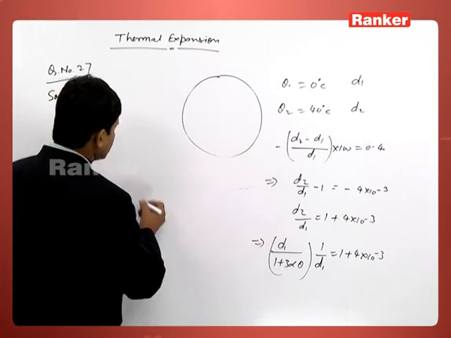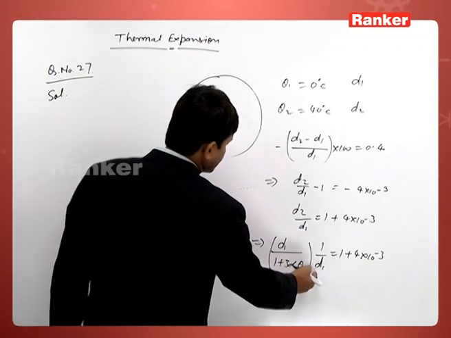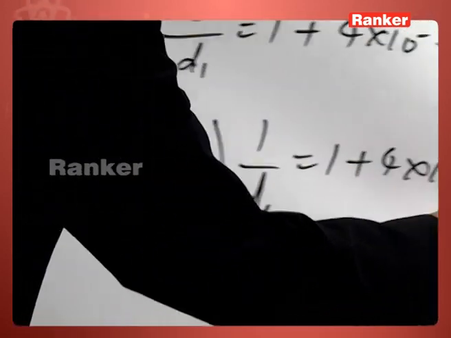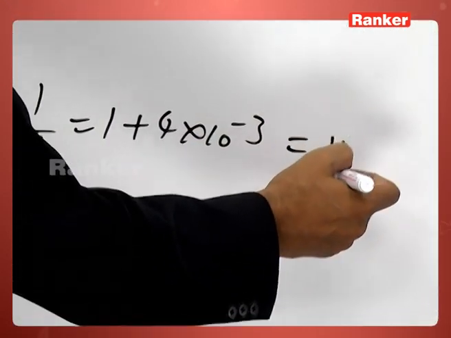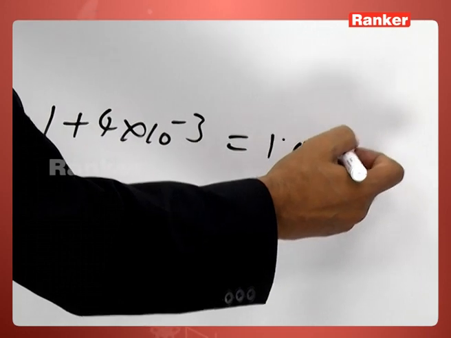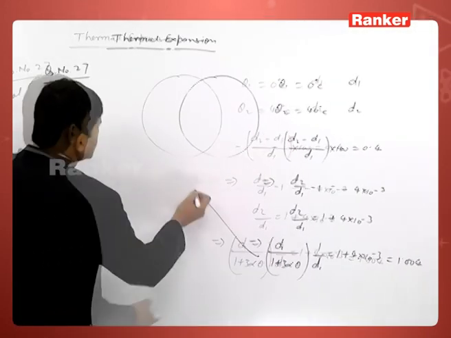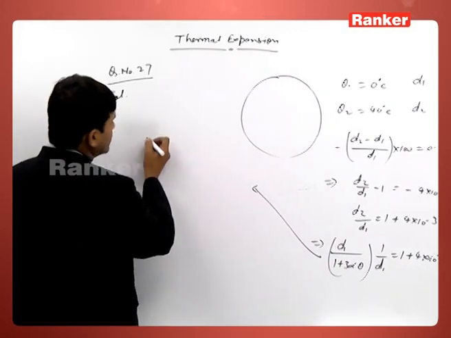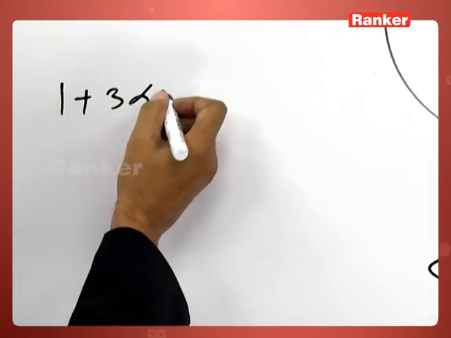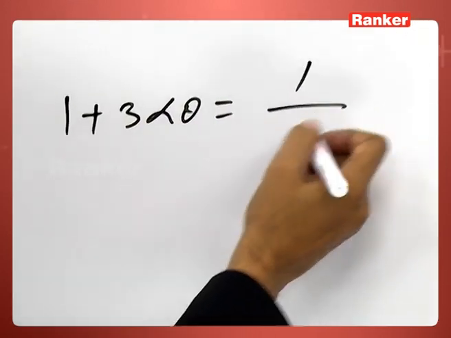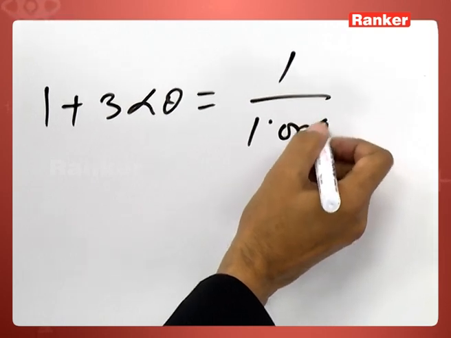This value can be written as 1.004. So now we can write 1 plus 3 alpha theta is equal to 1 by 1.004.